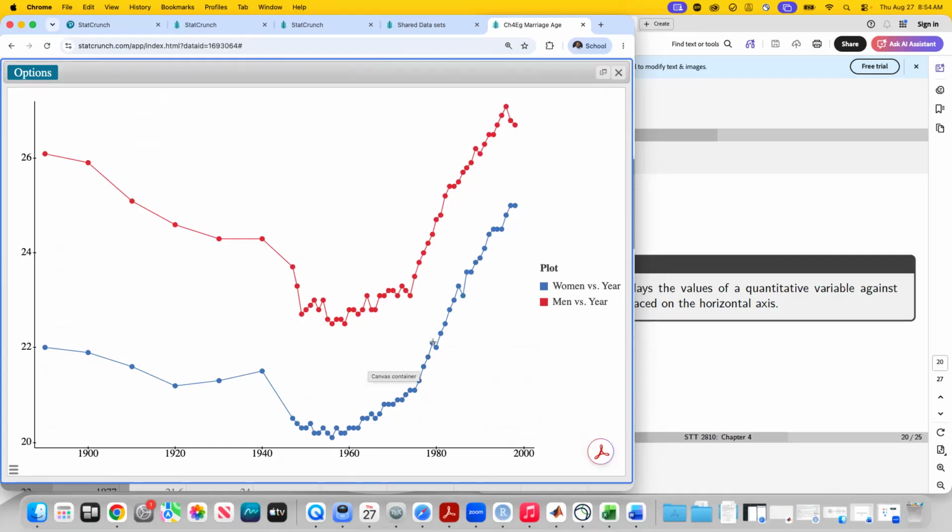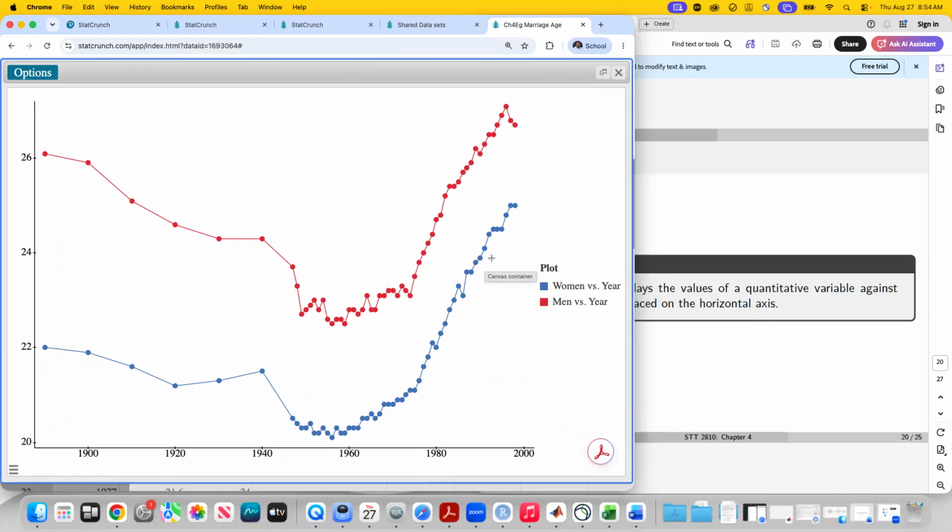Can you see that? Getting to the 2000s here, and then look at the 1900s. So even for women, from 1980 to the 2000s, women began to marry later as compared to those previous years. You can't find this information on the box plot. So you can see the trend here.